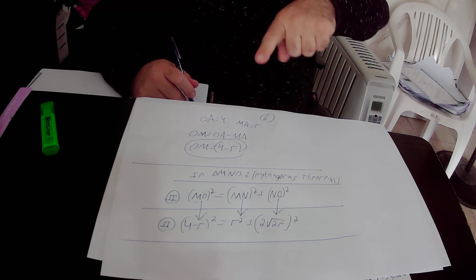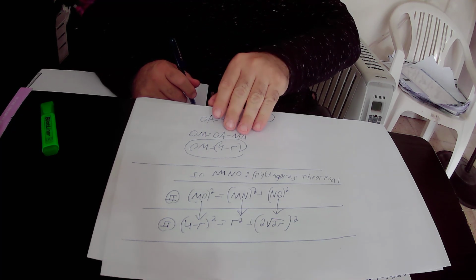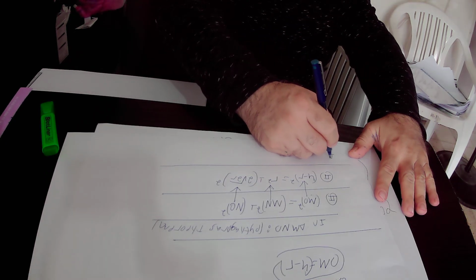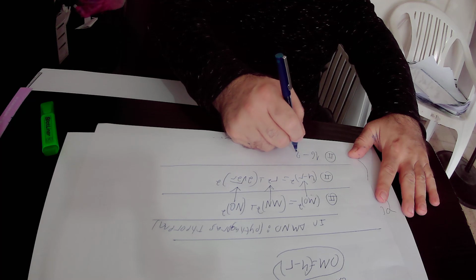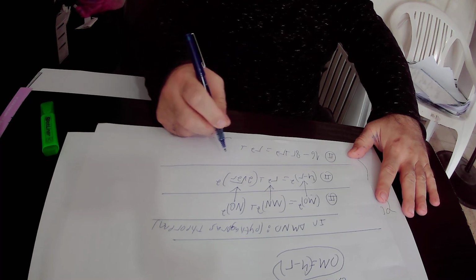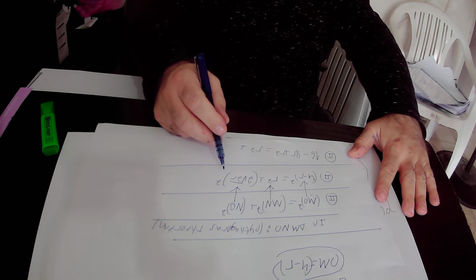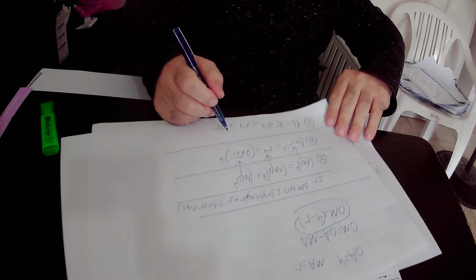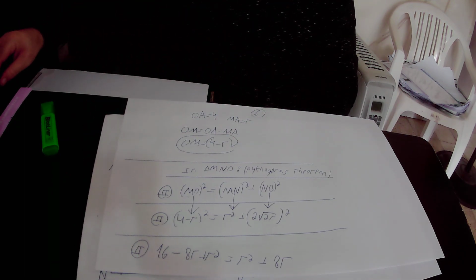Okay, so here we'll open the brackets on both sides of equation number 2, and we will get that (4 minus R) square is actually 16 minus 8R plus R square, and it equals R square plus (2 times the square root of 2R) square, which is actually 8R.